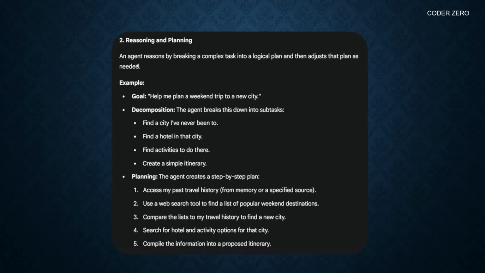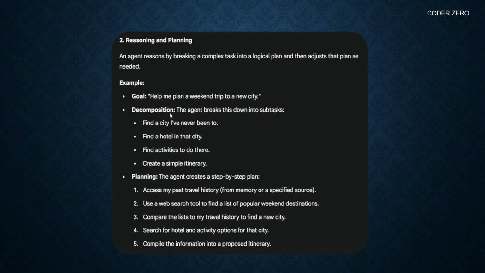Now, the AI agent reasons by breaking a complex task into a logical plan and then adjusting that plan as needed. So if the goal is, help me plan a weekend trip to a new city, it will decompose this request into further actions: find a city that I have never been to, find a hotel in that city, find activities to do there, and create a simple itinerary.